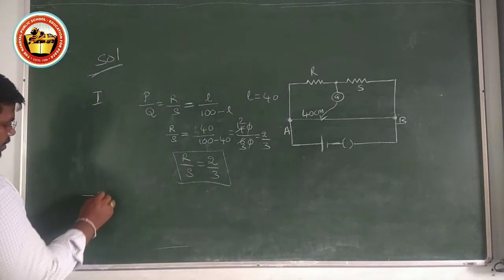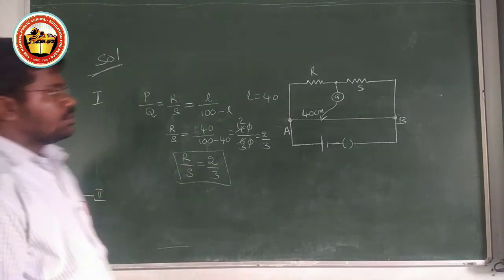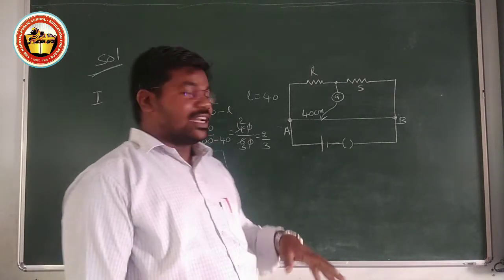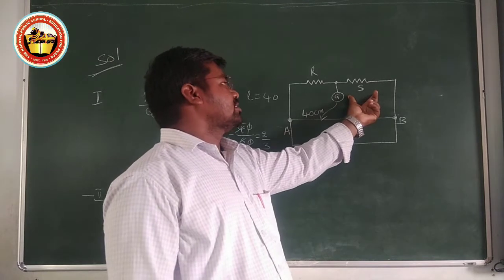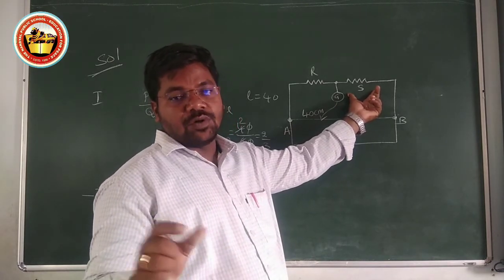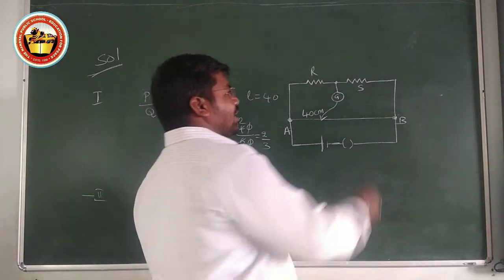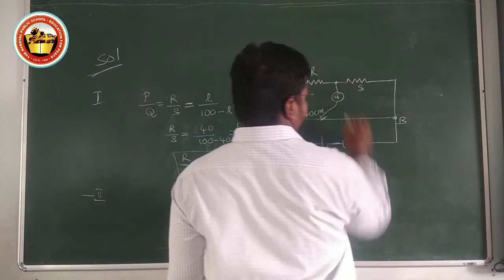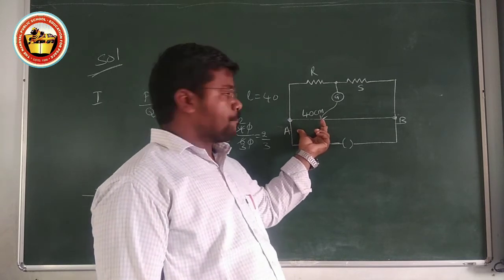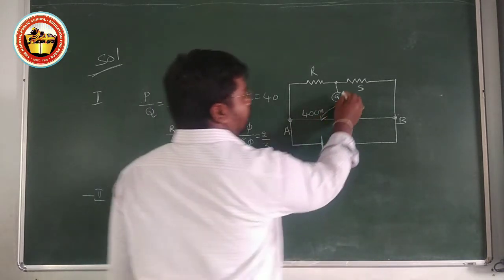So after this, we have to add 30 ohms resistance with S. We add 30 ohms parallelly with S resistance. What will happen?